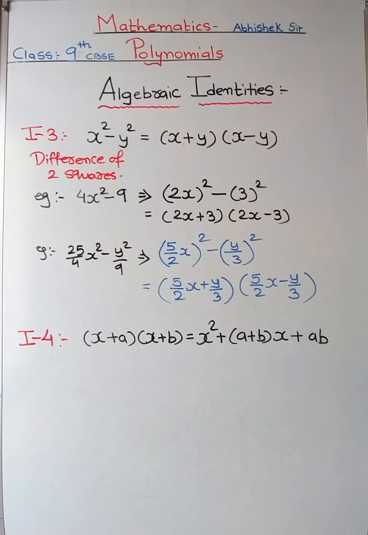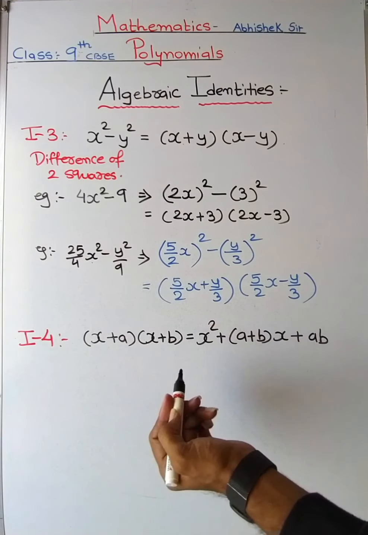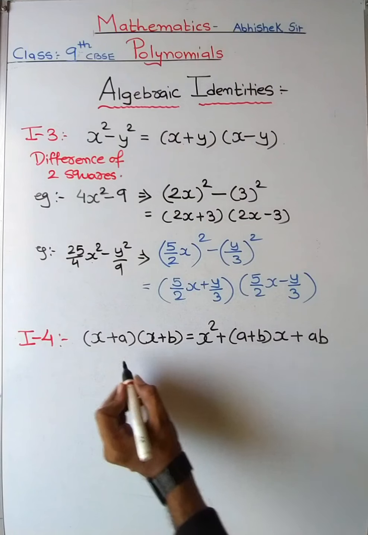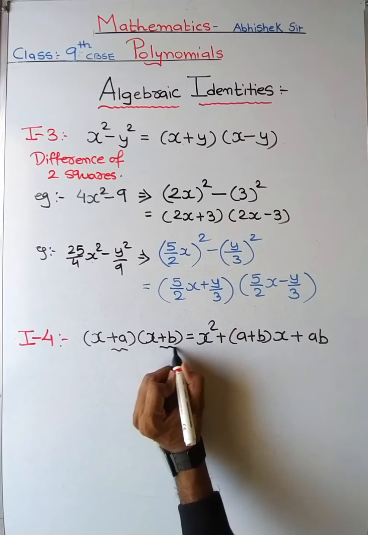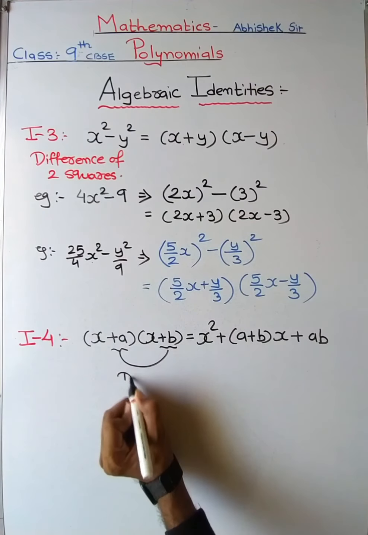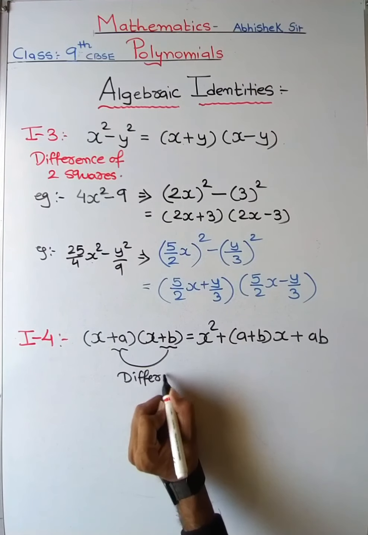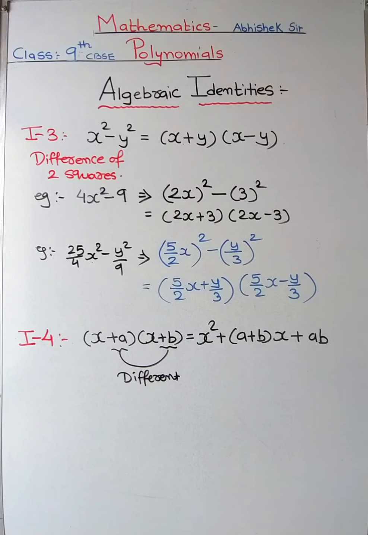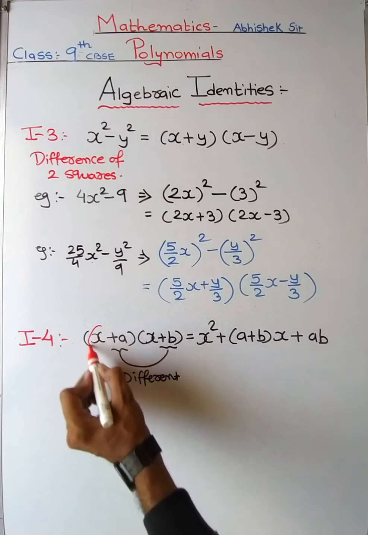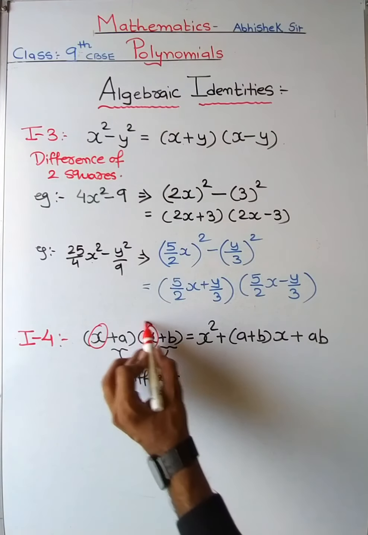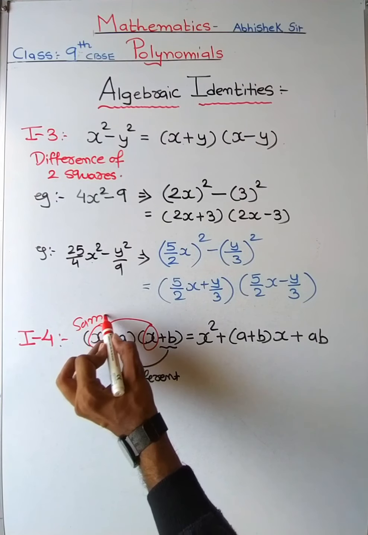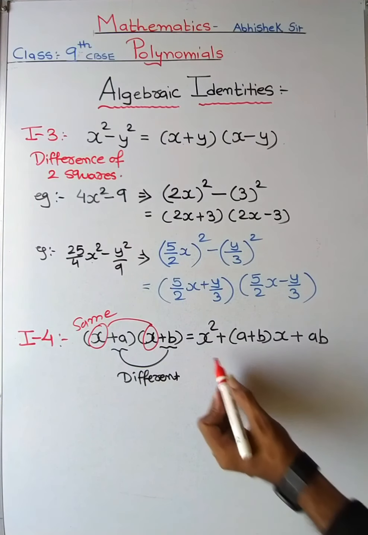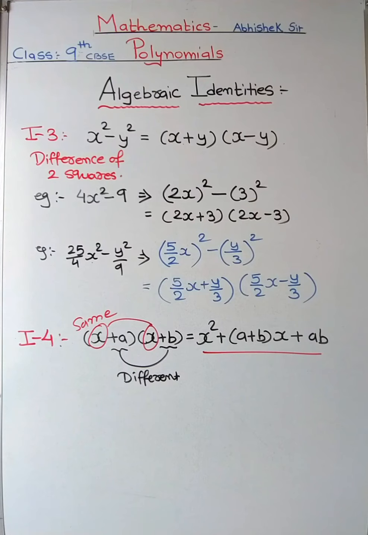Moving on to the next identity, very important, x plus a, x plus b. Remember, these two terms will be different, but the first term must be the same, right? This is a first term over here, this is a first term over here. These two must be the same, then only we can go for this identity. Clear?